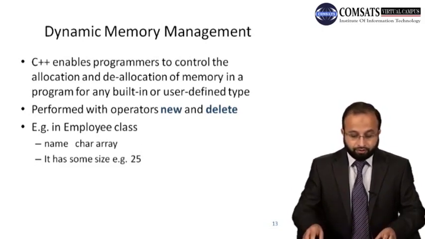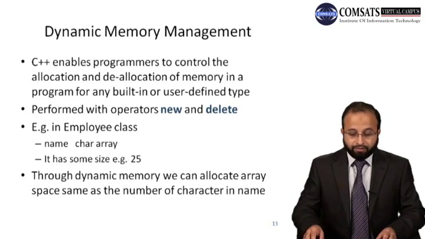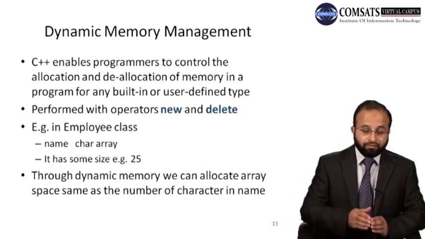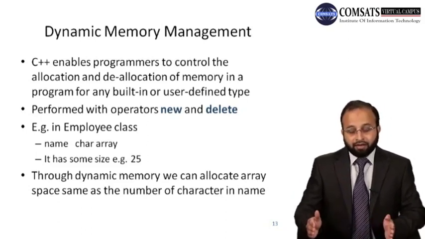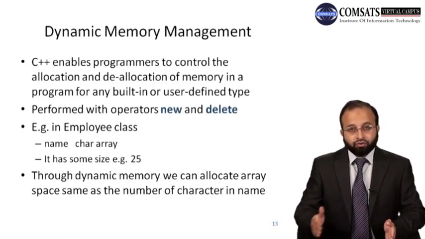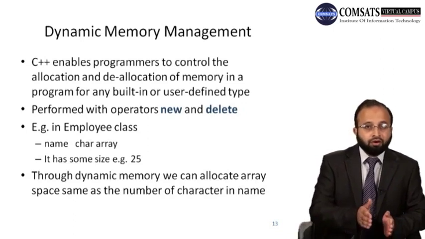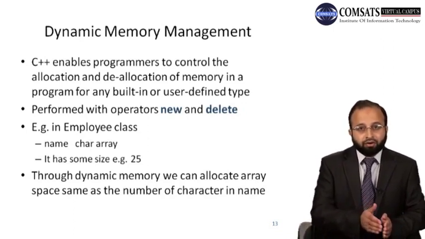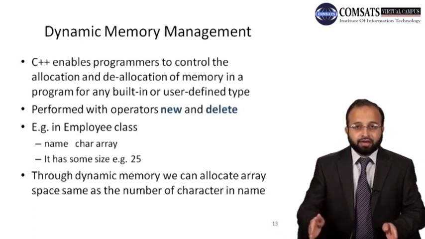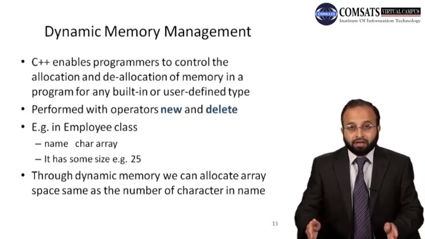So what is the better approach? Through dynamic memory we can allocate array space equal to the number of characters in the name. If the name is very long, we allocate the memory accordingly to store all the characters of that name. If the name is very short, we also allocate the memory accordingly to store all the characters and make sure the rest of the bytes are not wasted.